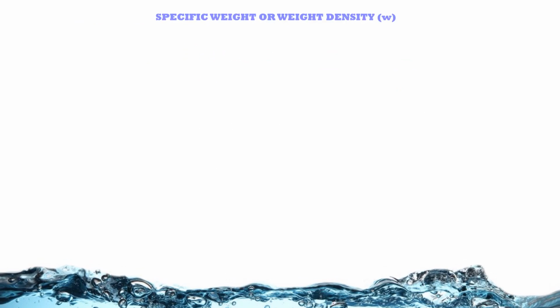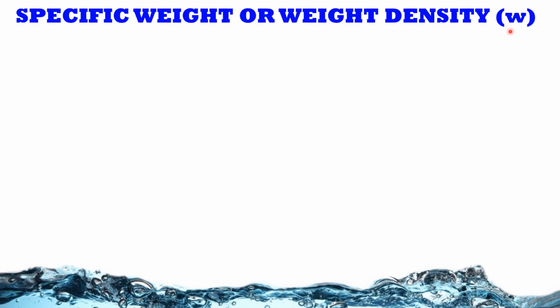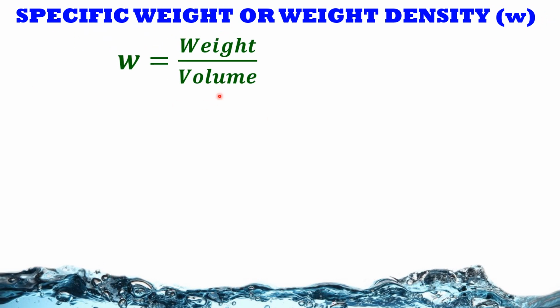The next property is specific weight or weight density, denoted by small w. It is defined as weight per unit volume, where weight is capital W and volume is capital V. We know that weight is equal to mass into acceleration. Next, we know that mass by volume is density.